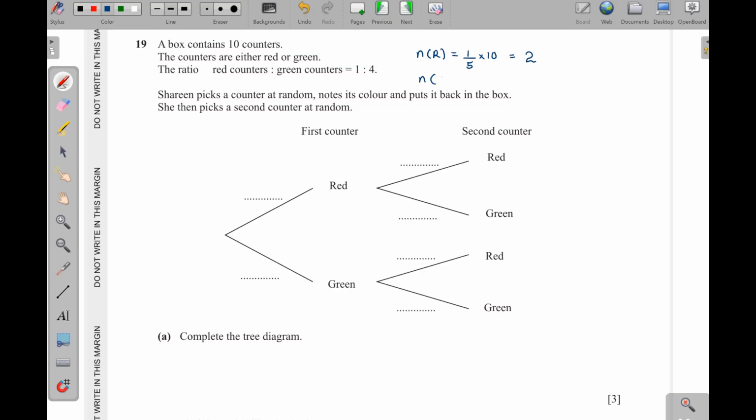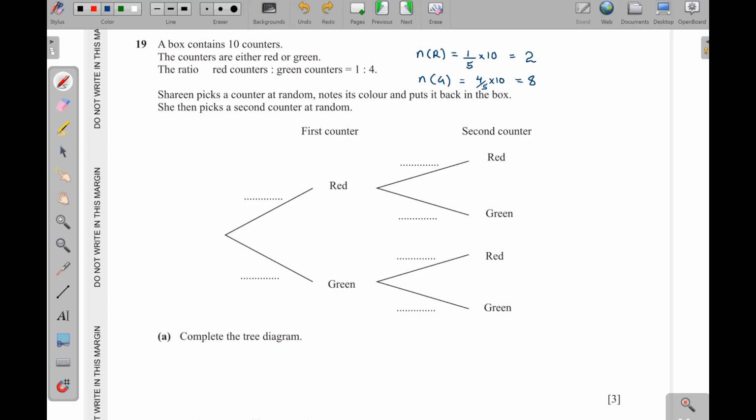And then the number of green counters will be 10 minus 2, which is 8. Or I can say 4 out of 5, then times 10. Then this one will give us 8. So this tree diagram here means that every time you are picking, you are either picking red or green. If we were having maybe another color, then we would be having a third branch here.